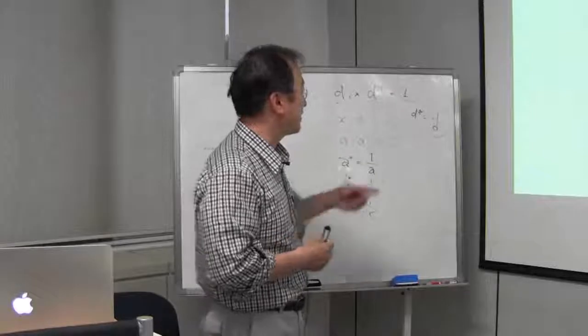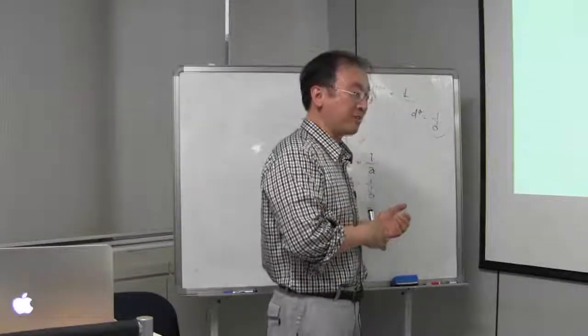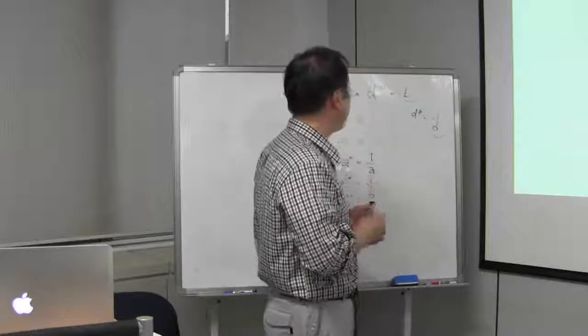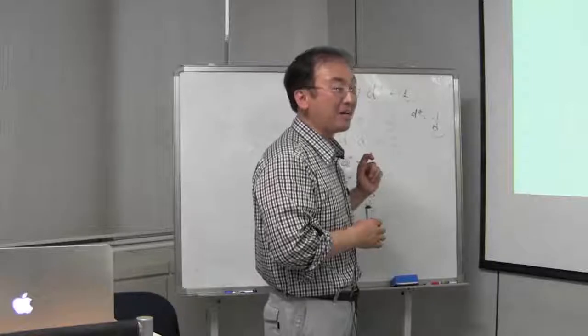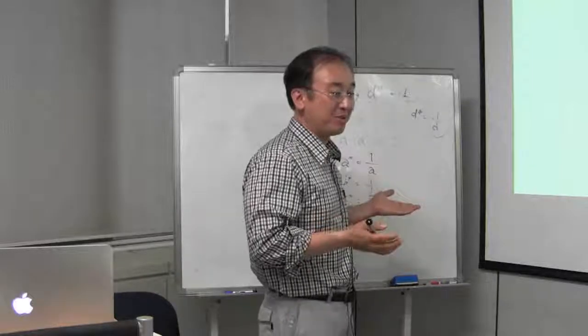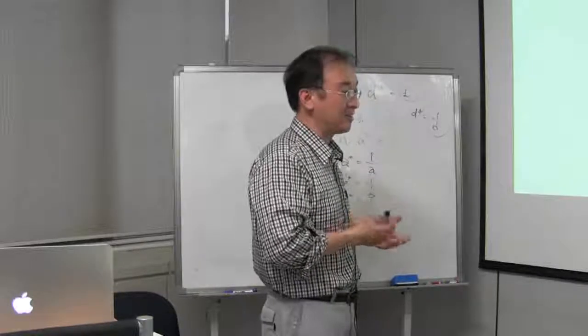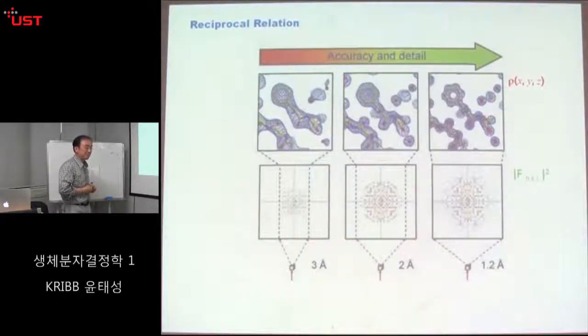Also, we know this kind of simple relation. So when we talk about resolution, we always talk about resolution in terms of d, not in d star, by convention, not to be confused or to introduce any extra difficulty in terms of pronunciation.